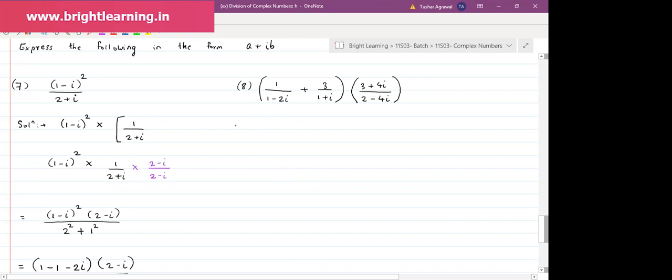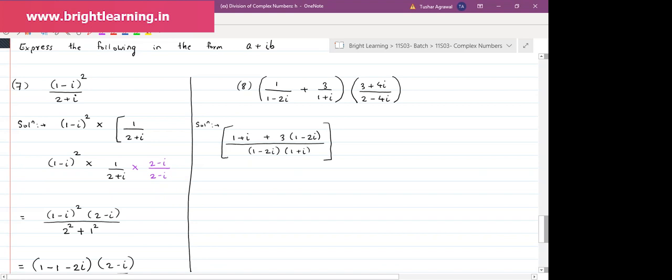First complex number, first bracket will be, so just doing the cross multiplication, it will be 1 plus i addition 3 times 1 minus 2i upon denominator will be 1 minus 2i multiplied by 1 plus i.